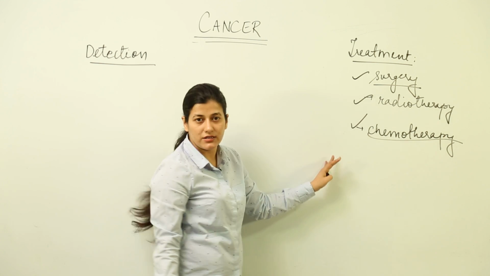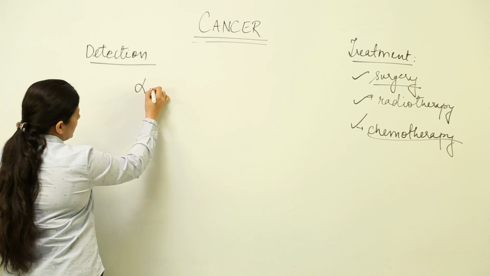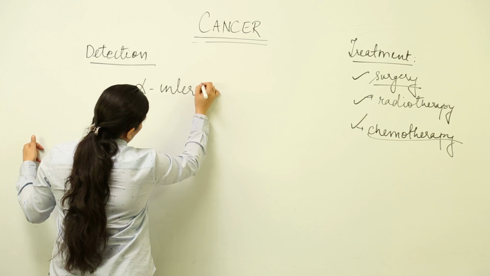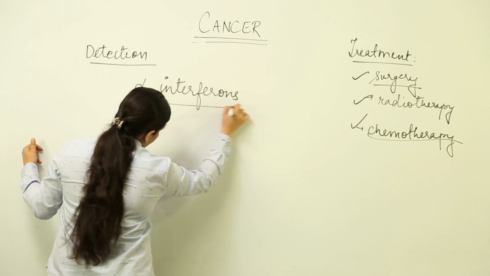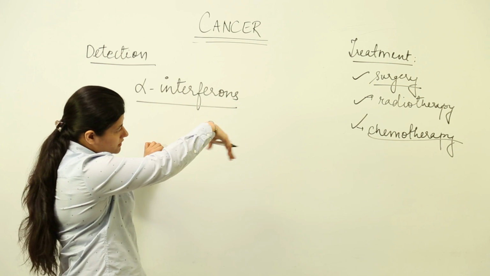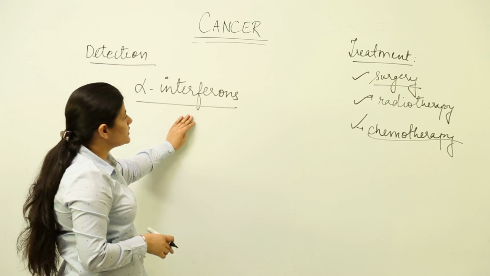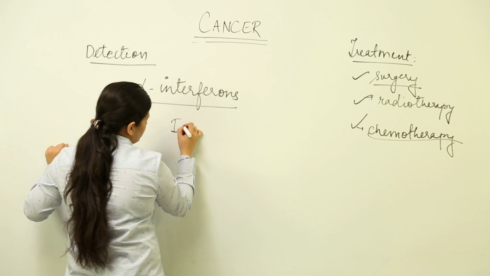So these are the various lines of treatment. Apart from this, there is another treatment that is known as giving the body alpha interferons. Okay, medicinal treatment. Medicines are given in these also, but in the case of alpha interferons, what we use against cancer is our own immune system.